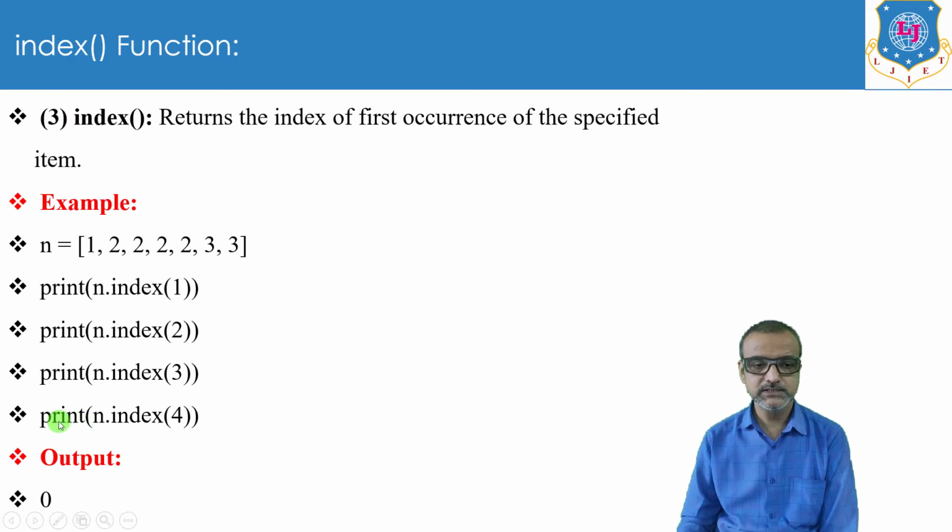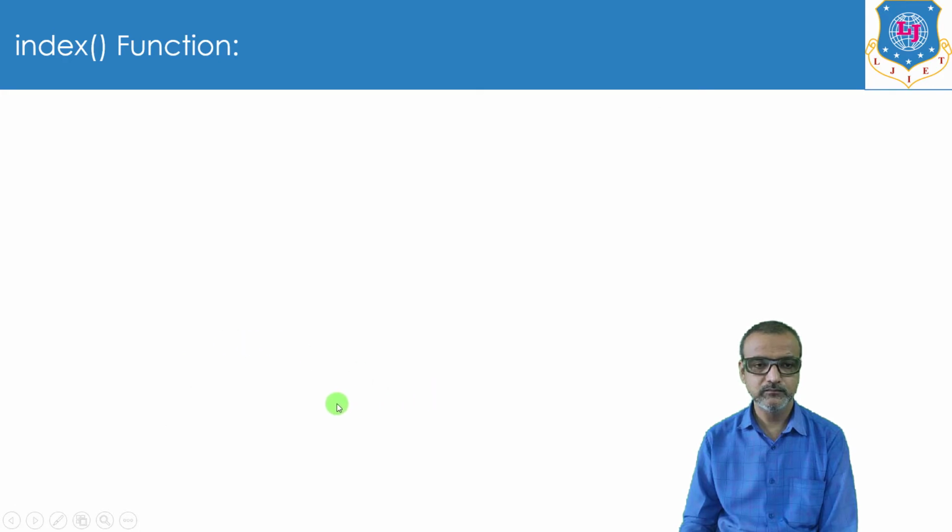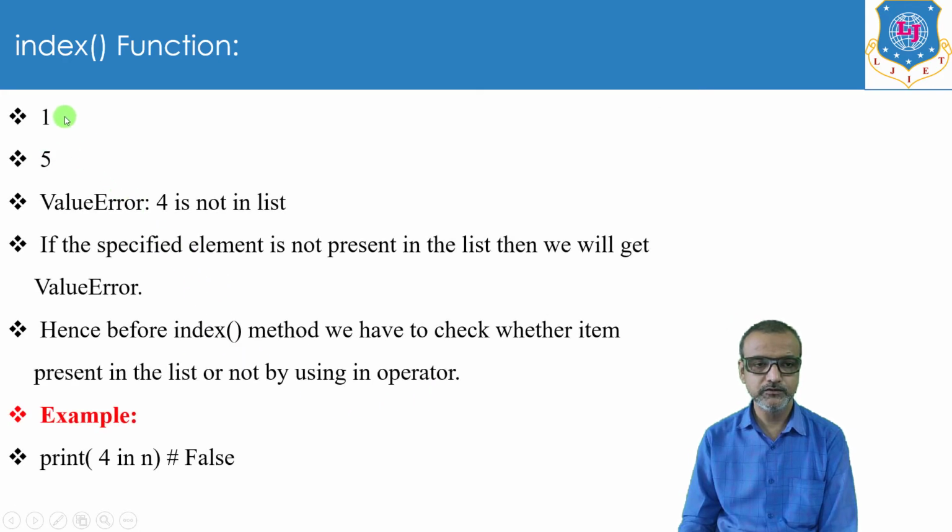Now if I think about print n dot index of 4, it will give us an error as 4 is not in the list. So the output is 0 for 1, 1 for 2, 5 for 3, and for 4 it will give us value error, that is 4 is not in the list.